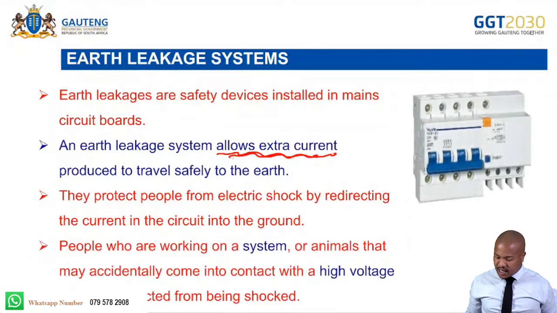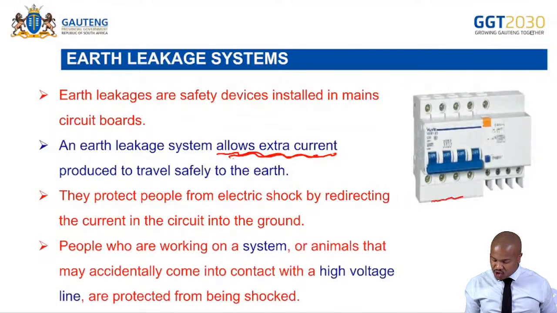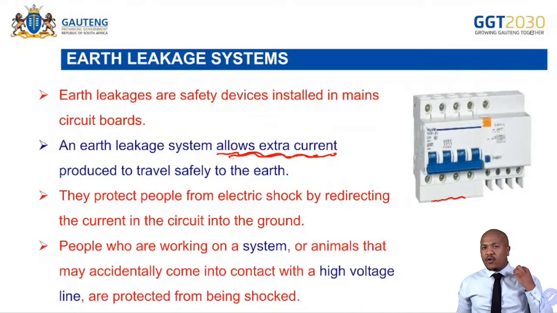So this is an example of an earth leakage system. It is installed in our main circuit boards, for it to be able to allow extra current that is produced in the circuit to travel safely to the earth or underground.